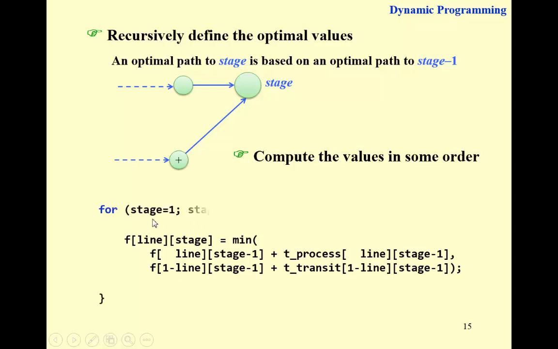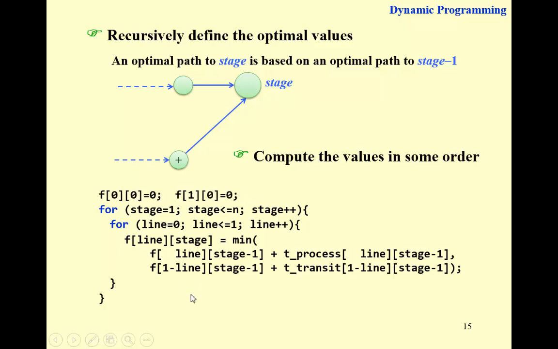Therefore, we must iterate for stage first. And then for each stage, we calculate this value for both lines. Well, although it looks like a for loop, but actually there are only 2 steps to go. At the very beginning, we should initialize the optimal solution to be what?